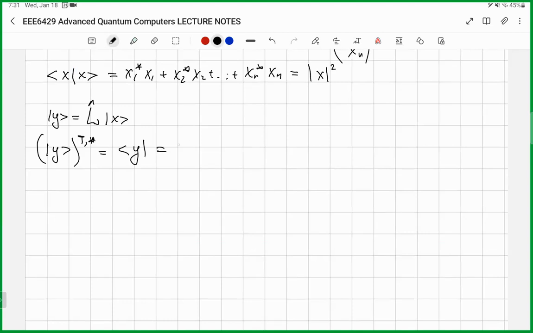On the other hand, it is equal to this operator L times x with complex conjugation and transposition. It doesn't matter in which order you do your complex conjugation or transposition, because they both commute.